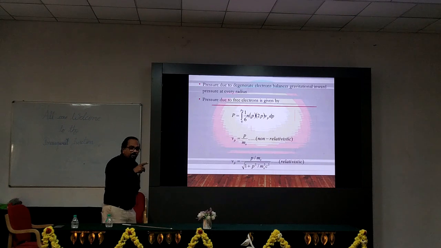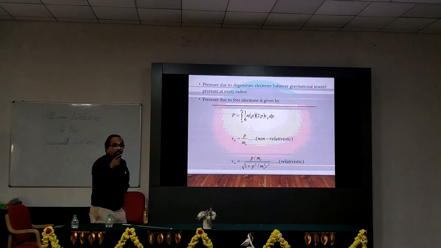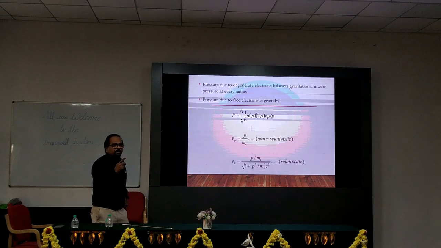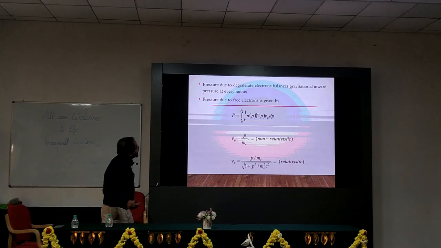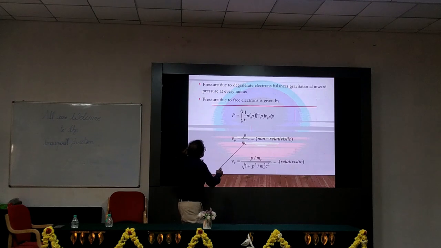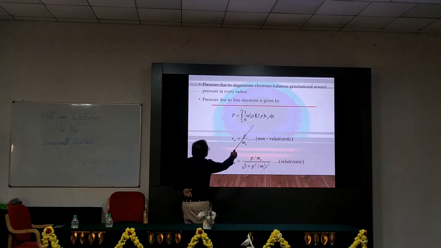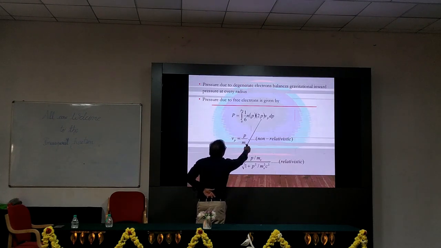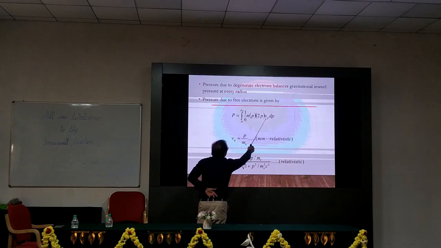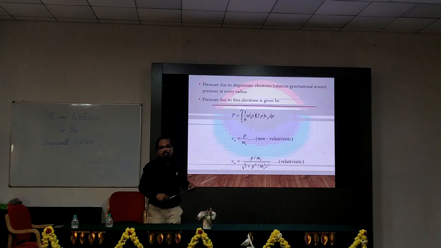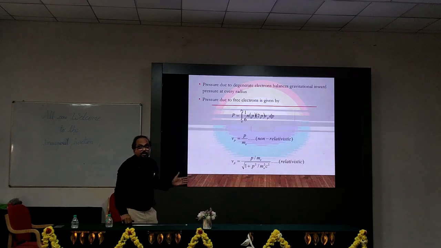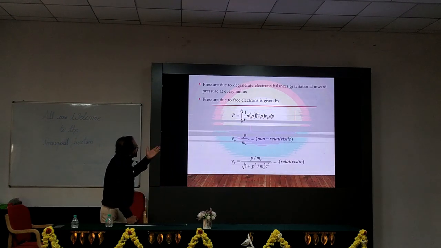That is, 1/3 of the mass of the particle, number density, c square. Here, 1/6 of the electrons are going in this direction, and they contribute a momentum change 2p, at the rate Vp, with each momentum contributing p, integrated over the entire range. Simple physics you can apply, a very simple integration.